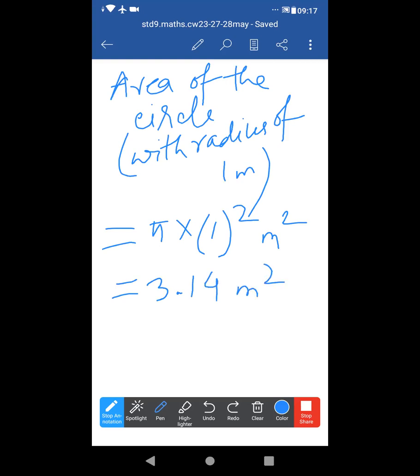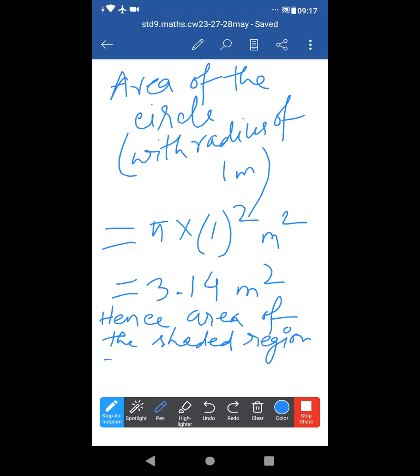Acha, now directly you can write, hence area of the shaded region is equal to 84 minus, in bracket write these two.